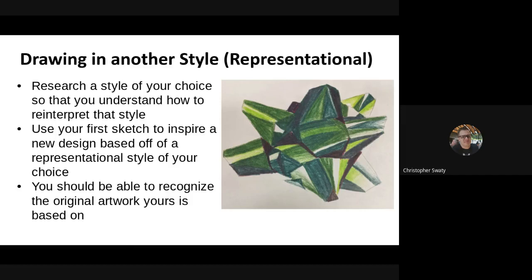So, you might stick with the same color palette. Make sure that there's a strict visual adherence from one image to the next.